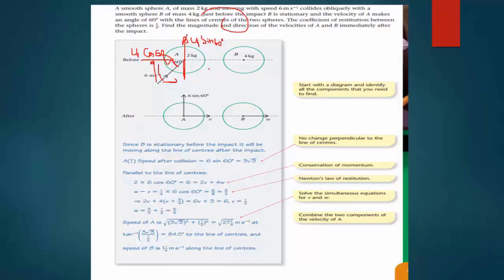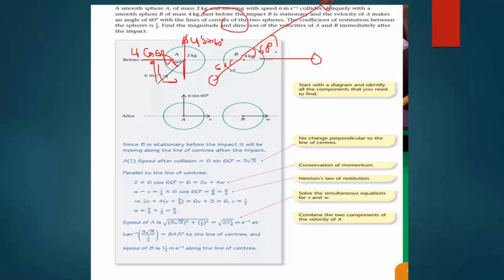Au akihit after collision, huyu body atamhit huyu, huyu atamove kwenda huko, the body will proceed moving that way. Huyu ambaye alikuwa na move ataendelea kumove. Ndio maana after collision huyu bado amebaki na components zake, kwa sababu hapa kuwa 60 means hapa pia ni 60 degrees.